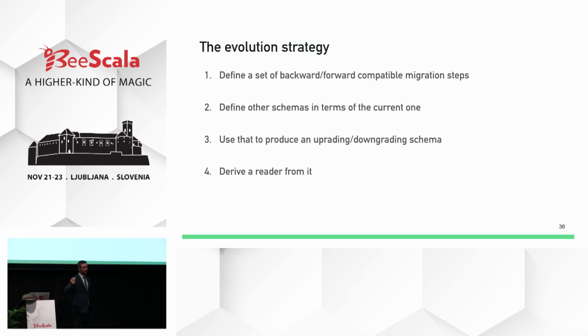Then I will use this new abstraction, the migration or the evolution, if you prefer, to define some schemas for the older versions in terms of the new one. Right? I will say, to get from the previous version to the current version, I added this field to this ADT, for example.